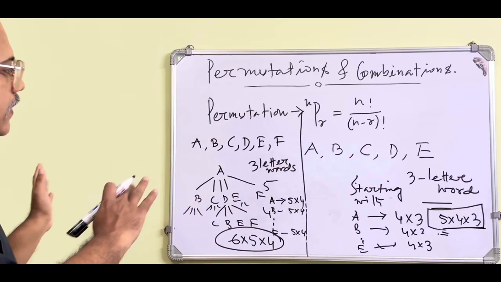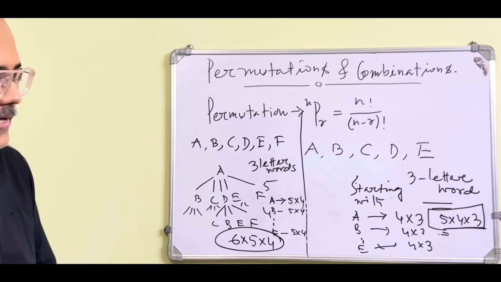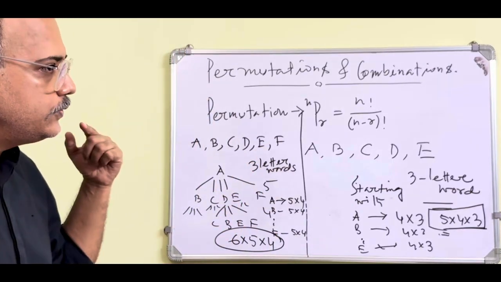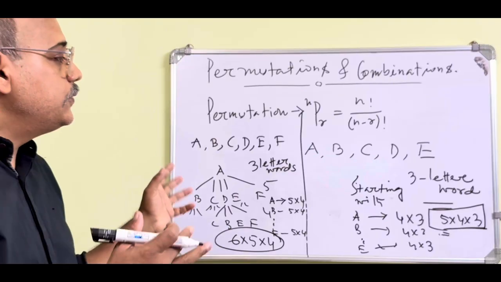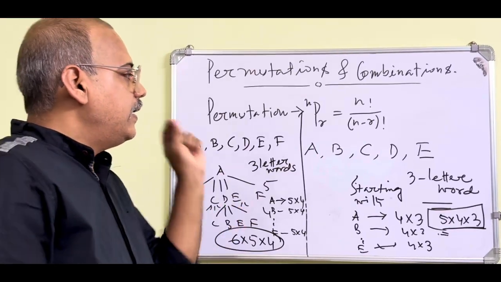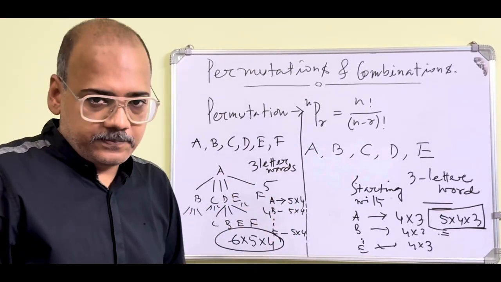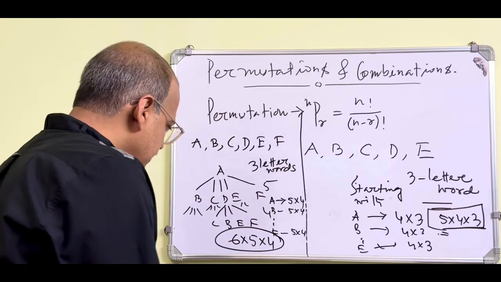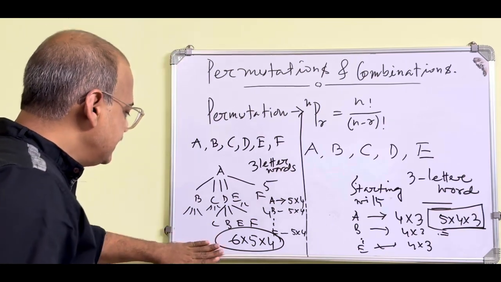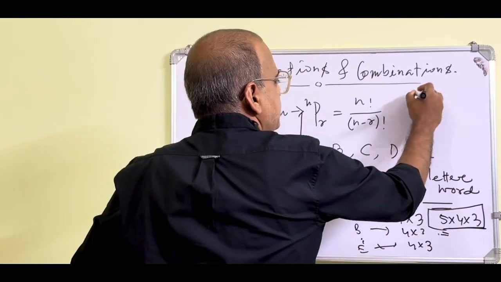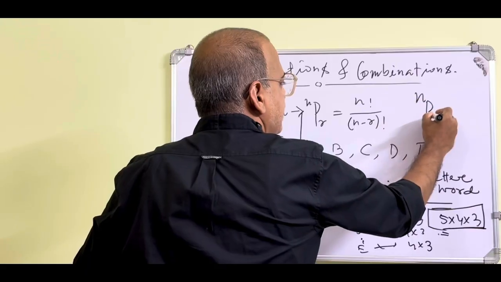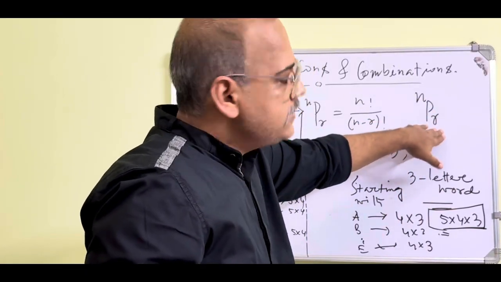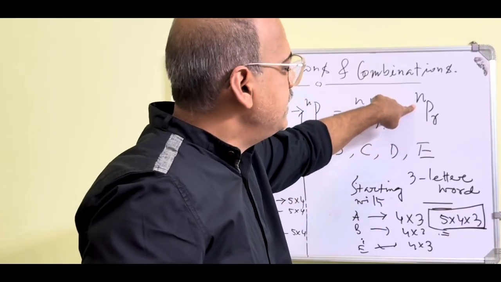Now, if we can generalize this, I have n distinct letters, and I need to find how many r-lettered words can be formed. So how can we do that? One thing is very clear here. I need to form r-lettered words from n letters, where n is the number of letters.